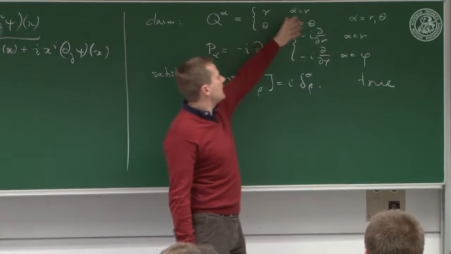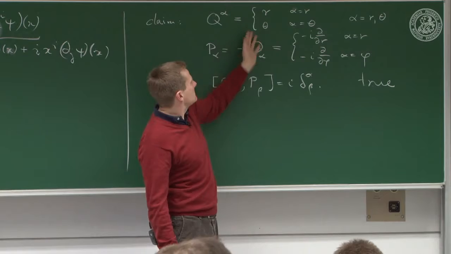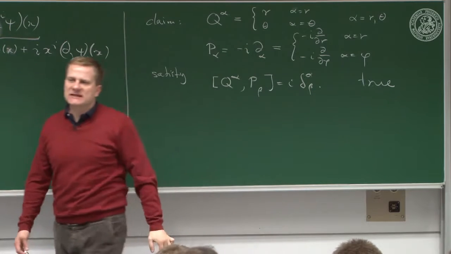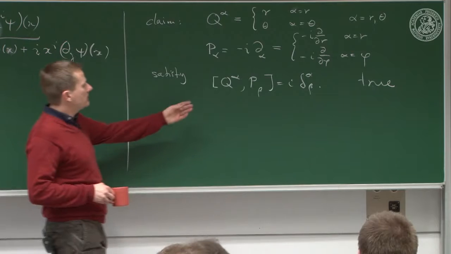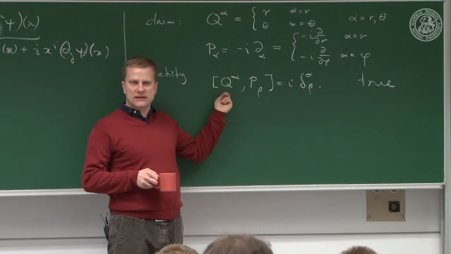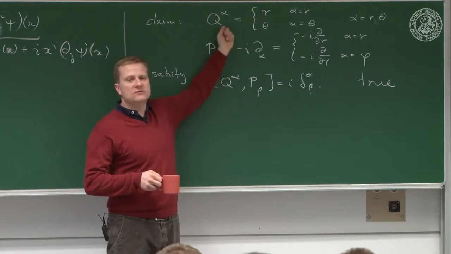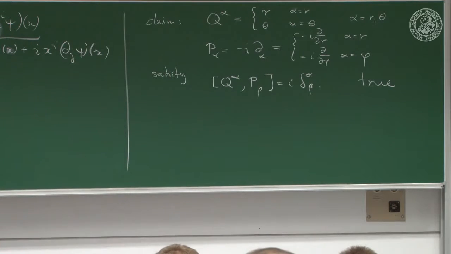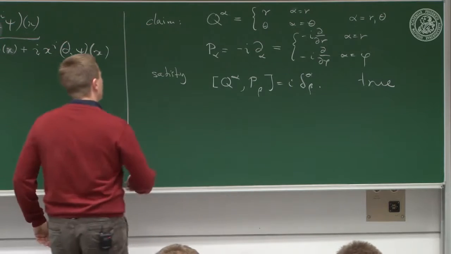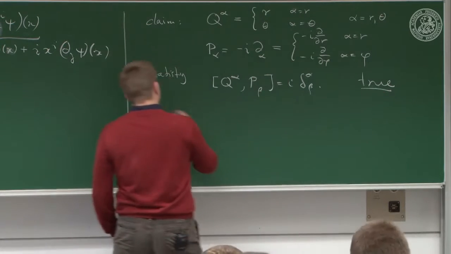These partials acting on these coordinates absolutely satisfy this. So there is no problem in going to polar coordinates as far as the commutation relations are concerned if I choose this representation, and we want to choose this representation. The problem, however, comes up.